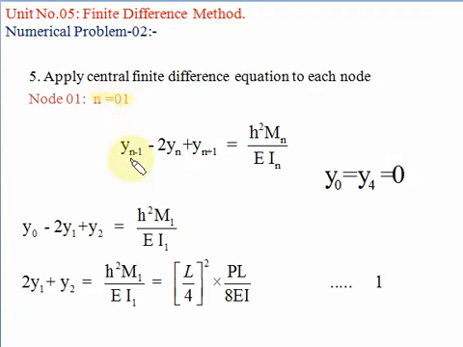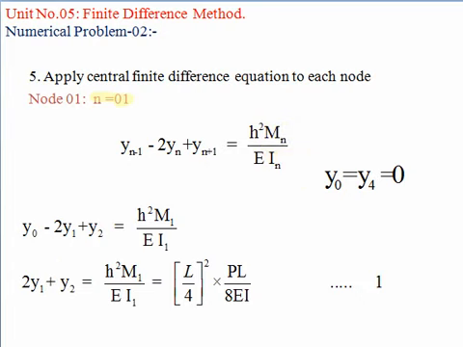Okay, so this is the equation: y(n-1) minus 2yn plus y(n+1) equal to h square Mn upon EIn. Now here what is the value of n? 1. So y0 minus 2y1 plus y2 equal to h square into M1 upon EI1.